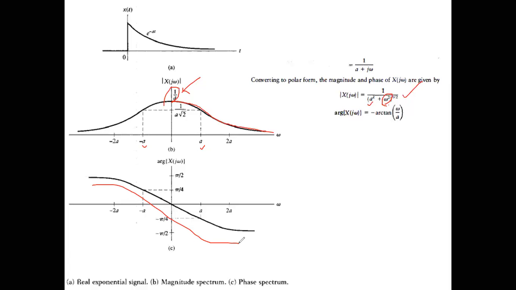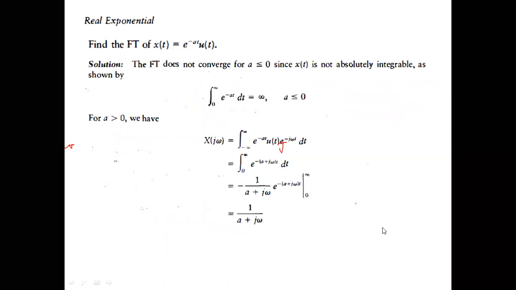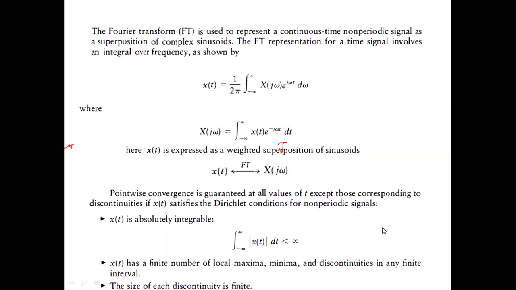Did you observe one thing here, that the discrete time Fourier transform existed from minus pi to pi, whereas this continuous time Fourier transform exists from minus infinity to infinity? But the formula for the inverse here still has a 1 by 2 pi in it.